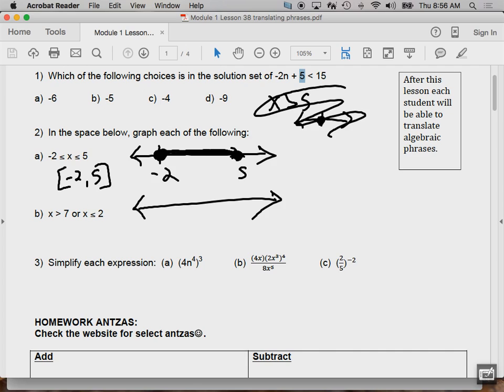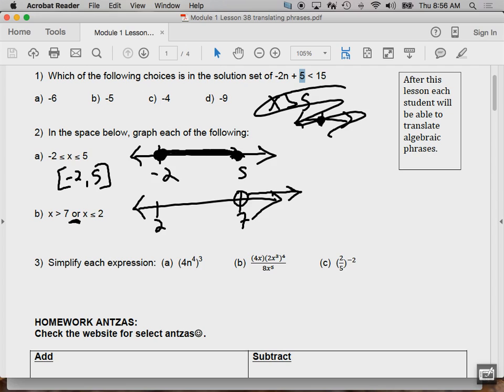All right, let's go now to the next one. So obviously on this one, my marks are 2 and 7, but there's a really big different word in the middle. The word is or. It is x is less than 2 or greater than 7, so here's my open circle on 7. Do I fill that circle in? No. Very good.